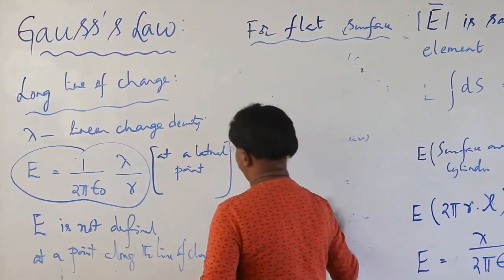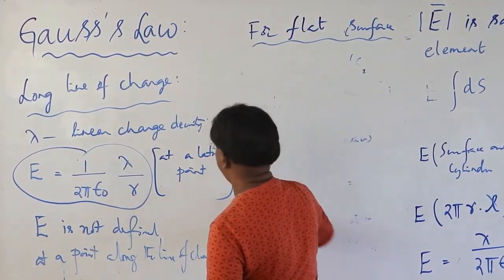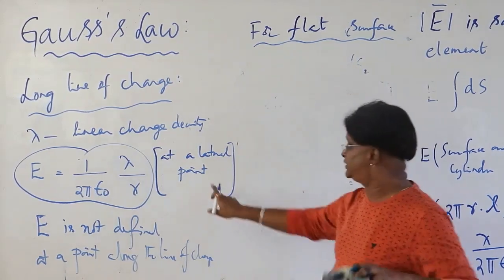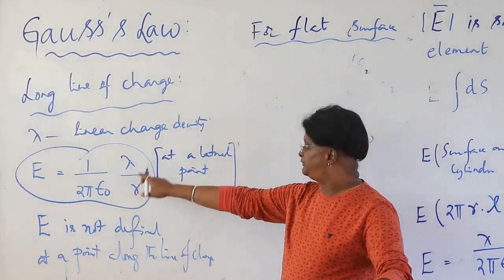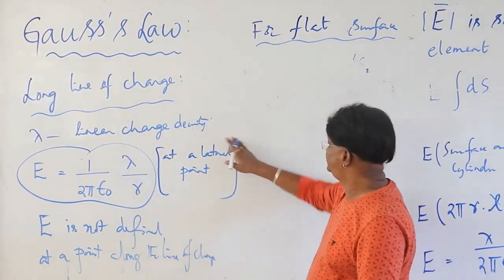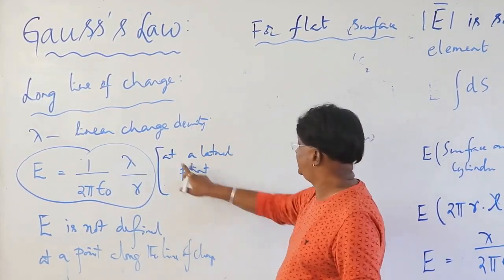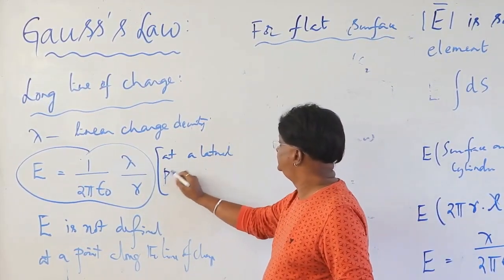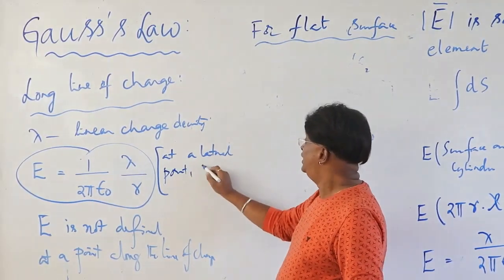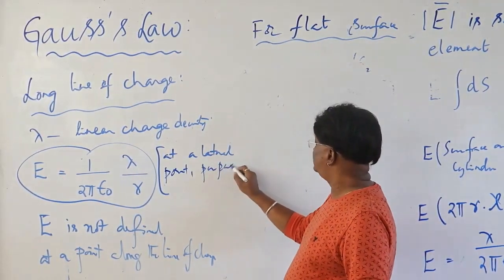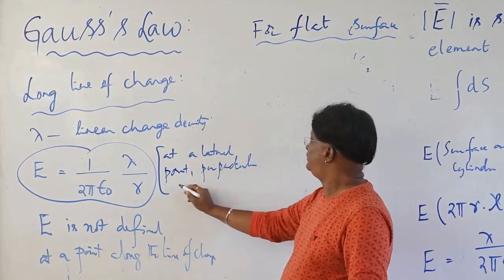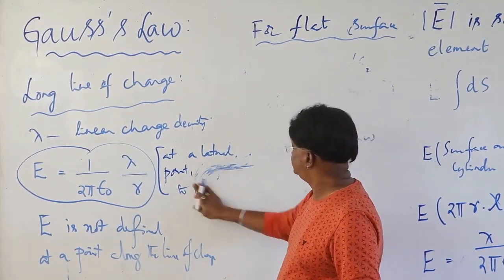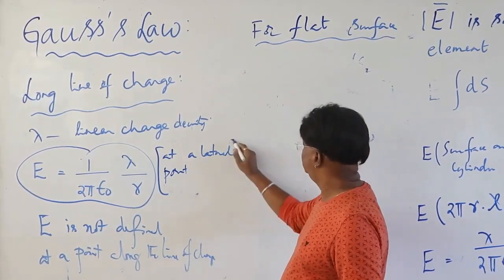This is E at a point which we have defined at a lateral point, 1 by 2 pi epsilon naught lambda by R. What is the direction? At a lateral point, perpendicular to the line of charge. Direction is perpendicular to the line of charge.